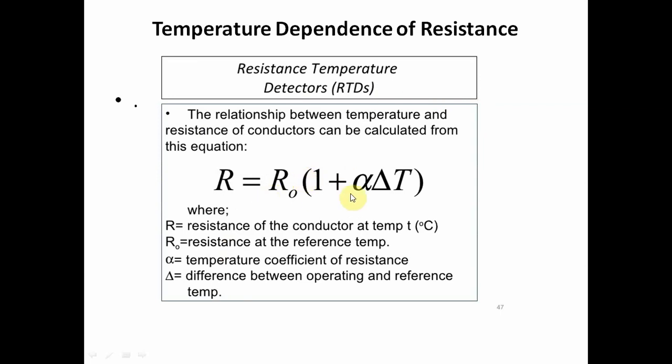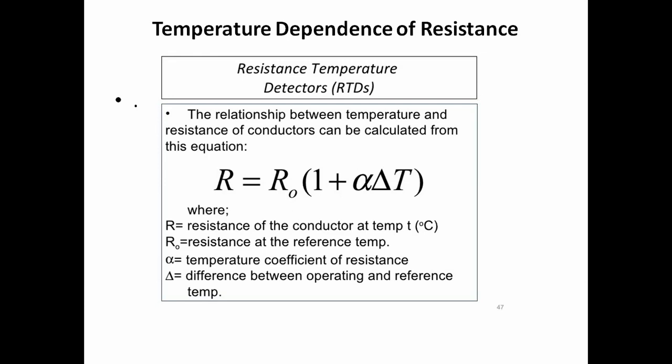And what is alpha? Alpha is the temperature coefficient of resistance, and delta T is the temperature difference between the initial value and the final value. Initial value means we generally take a reference temperature, and it is about 20 degrees centigrade or in this range.